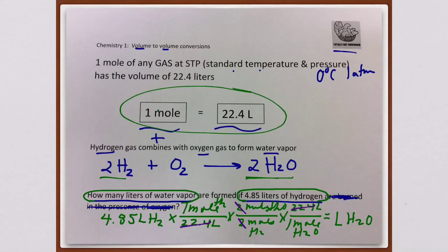So when it comes down to it, 4.85, that's what you start with, times 1 times 1 times 1 divided by 1 times 1 times 1 is 4.85 liters. So that is it for this one. The volume to volume problems are so easy because, again, half the time the 22.4 and the 22.4 all cancel out, and you're really just going to have to worry about that step.